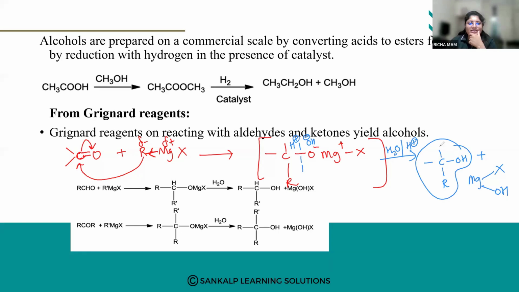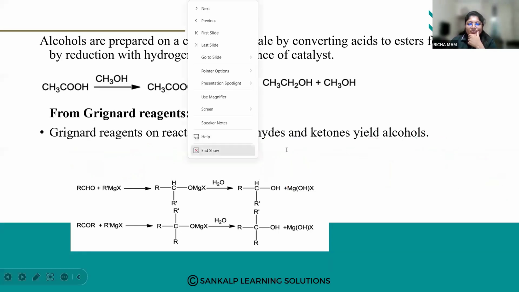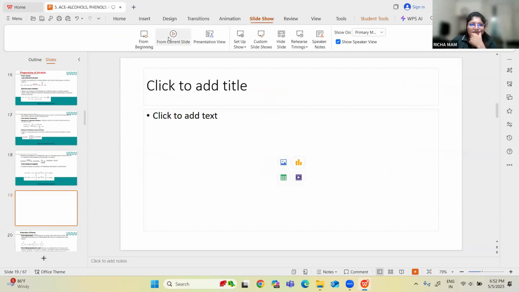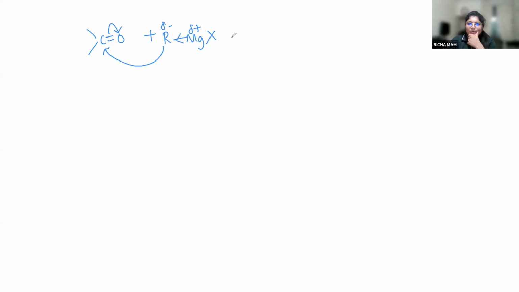Let us take the example, students. Here this is the Grignard reagent, RMgX. This is partial positive, this is partial negative, so it will attack and polarize.